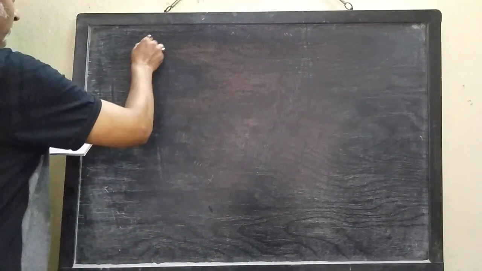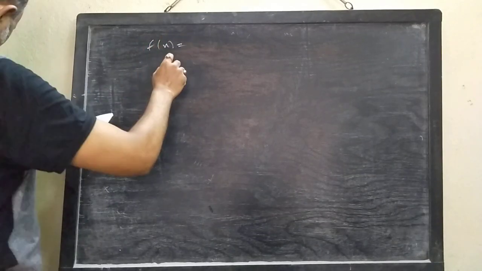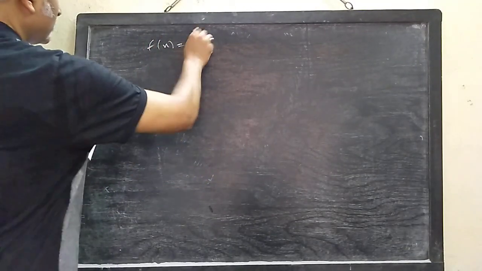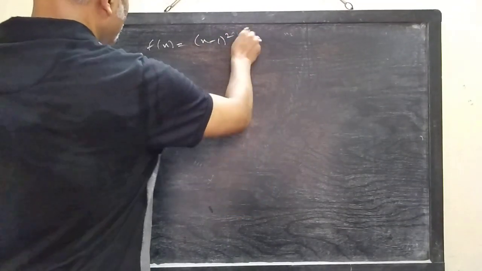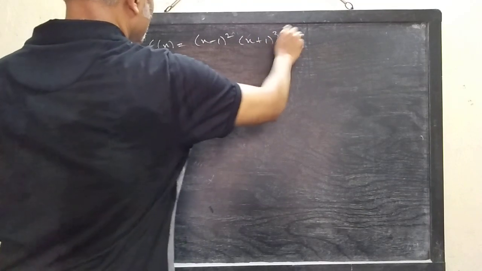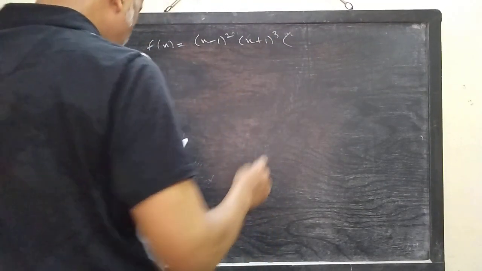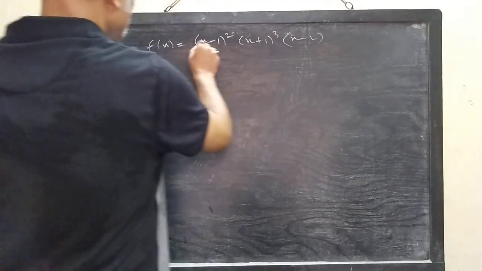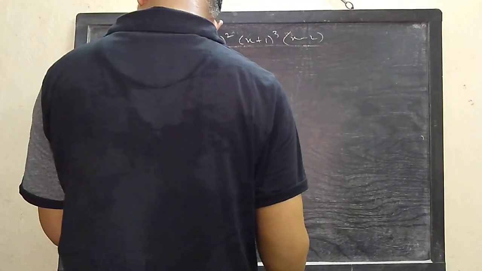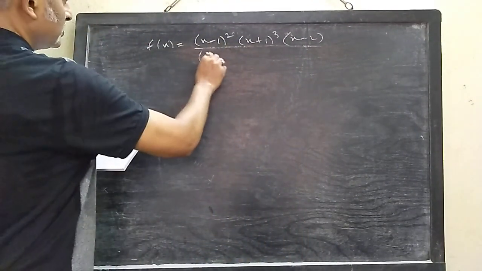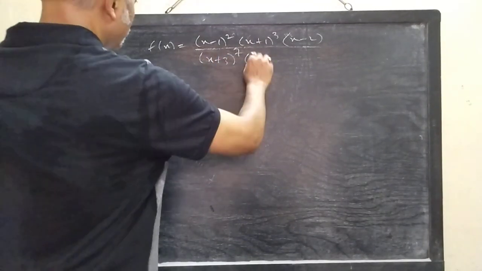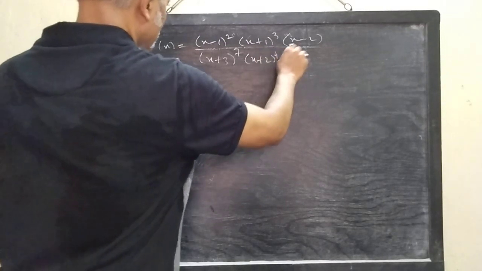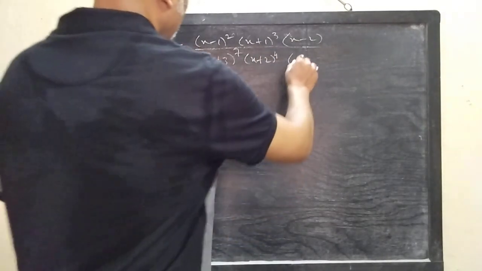For example, let us consider the function f given by f(x) equals (x minus 1) whole square, then (x plus 1) whole cube, then (x minus 2), whole divided by (x plus 3) whole to the power 7 into (x plus 2) whole to the power 4 into (x minus 7).